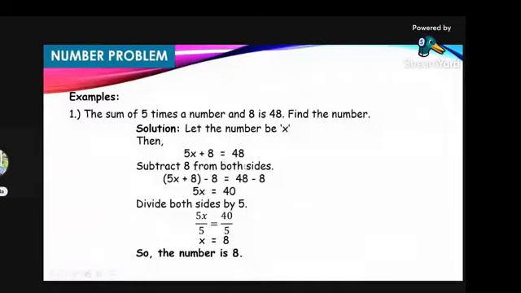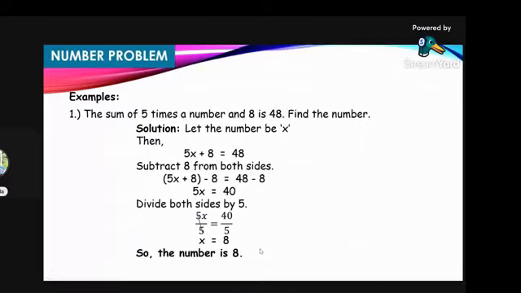Then perform the operation, subtract 8 from both sides, or sinasabi natin transpose, ililipat sa kabila. So you will have, cancel this out, that becomes 0. So 5x is equal to 48 minus 8, that is 40. Then divide both sides by 5. Cancel 5. x is equal to 8. So the correct answer po is 8, and you got it all correctly.